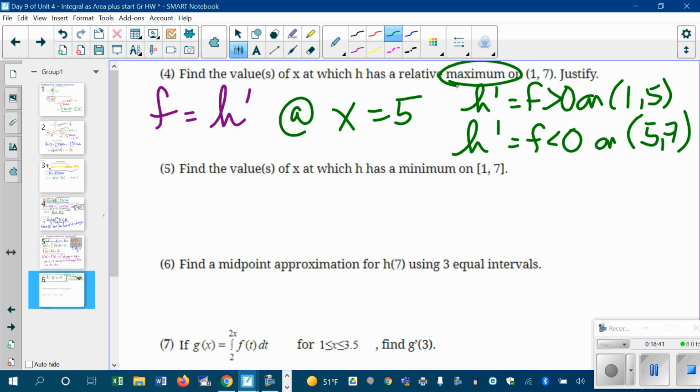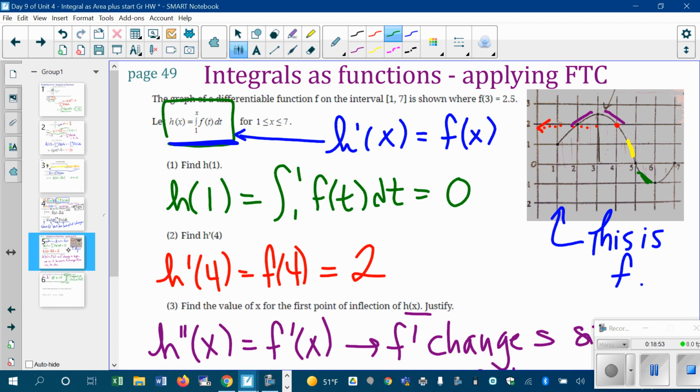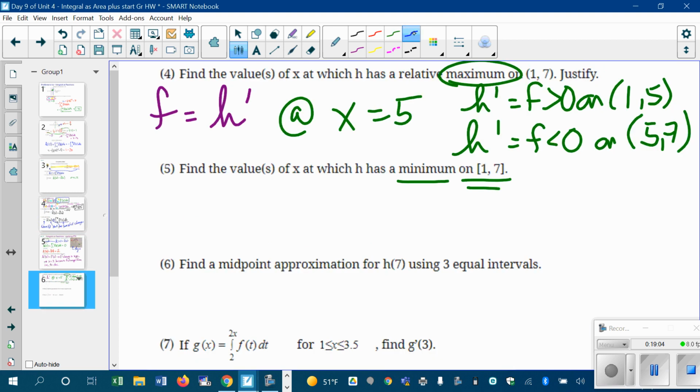The next one asks about the values at which h has its minimum on the closed interval. If I'm looking for extrema on a closed interval, I want to consider a candidates test. There is no place, actually, where we have a change from negative to positive, so there isn't a relative minimum here. We are going to test the endpoints. So we're going to look at h of 1 versus h of 7. We already found h of 1 back in the first question, and that was 0.